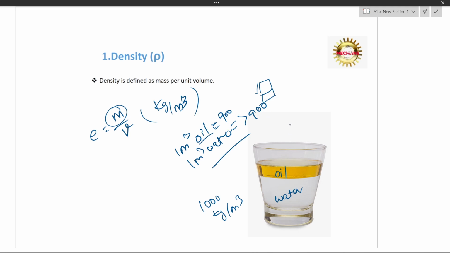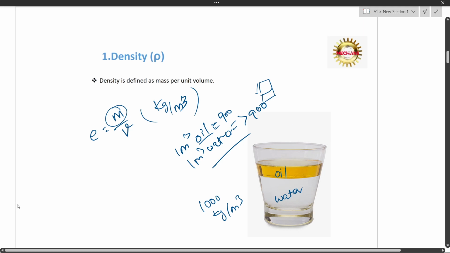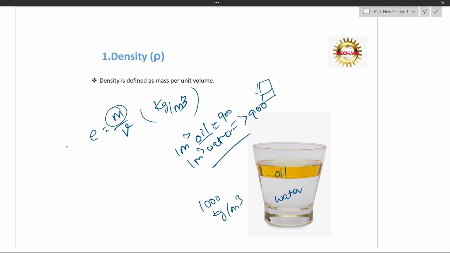Why I'm mentioning mass here is that mass and weight are two different things. Mass, as I mentioned, is about the substance of a fluid, the amount of substance a fluid has.